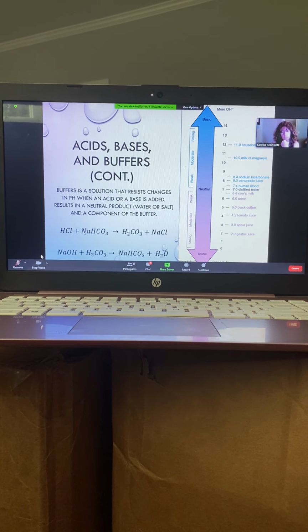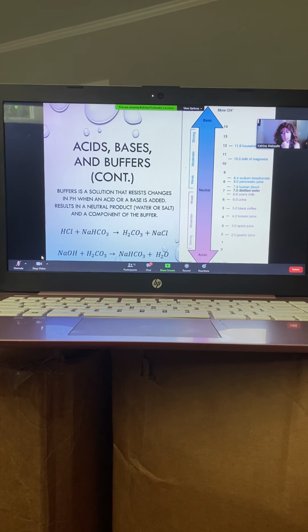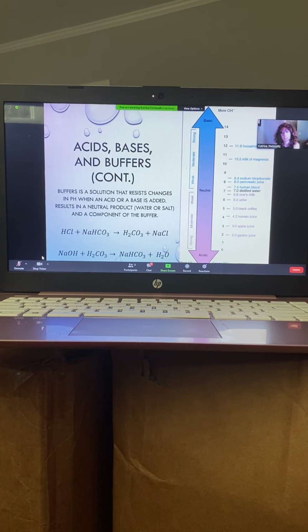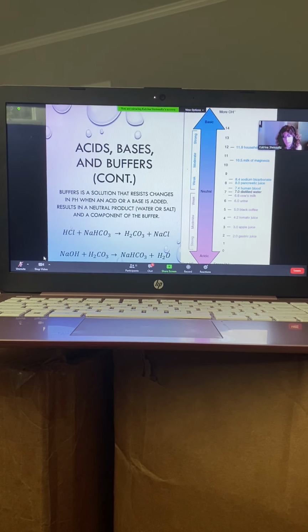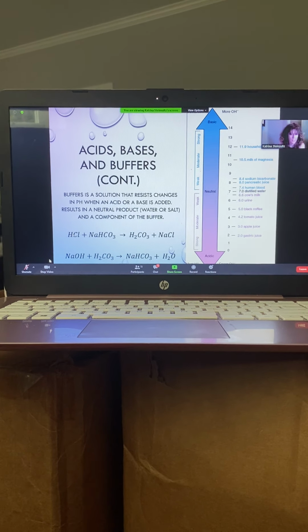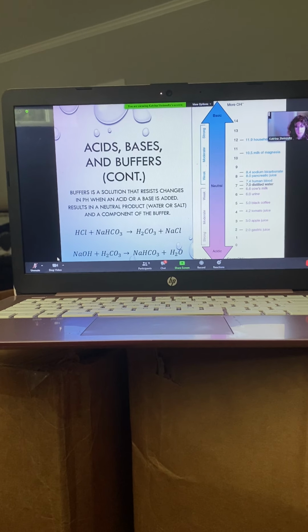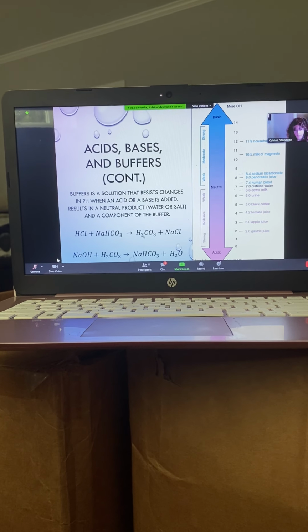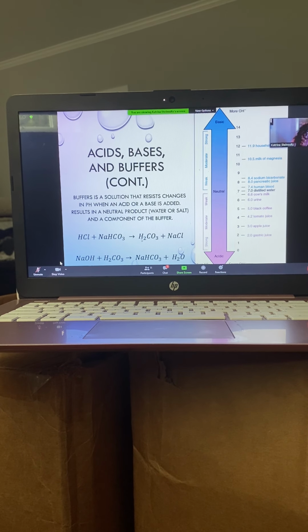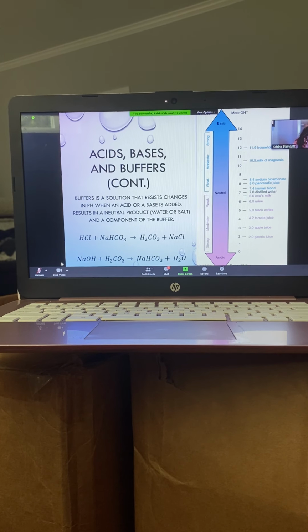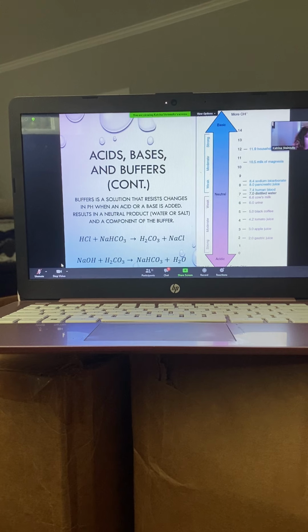This is your buffer. So when you add more acid to it, it's going to combine with the buffer so that the hydrochloric acid will still stay strong. So we have this right here, H2Cl3, which doesn't tell me what it is.